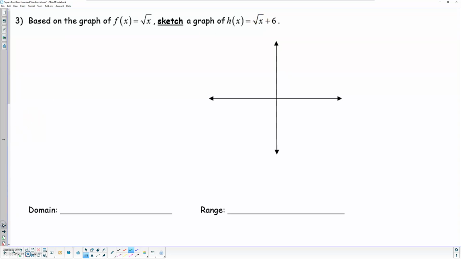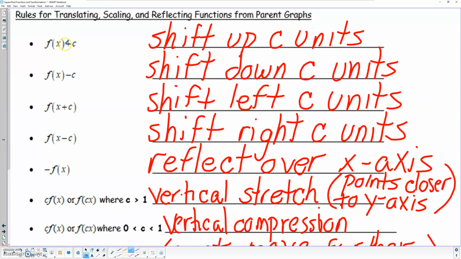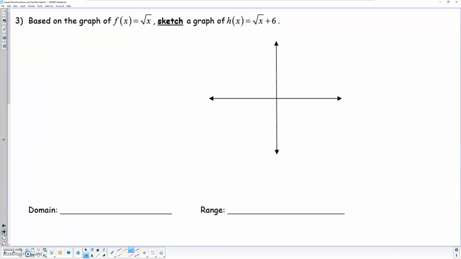So if I go back to my rules for transformations, when you add a number at the end, you're shifting up that number of units. So this is going to be the square root of x shifted up 6 units.